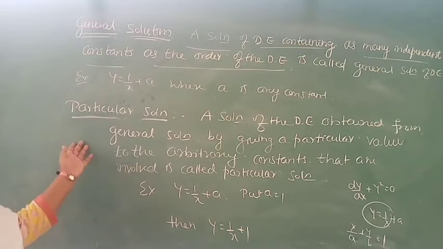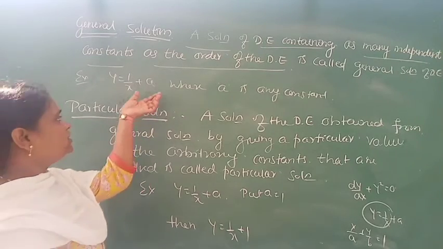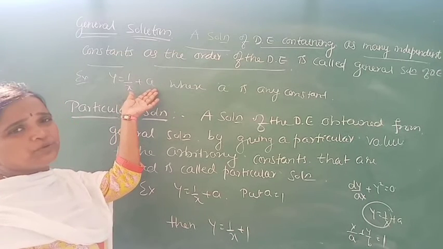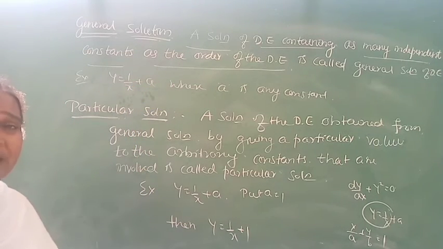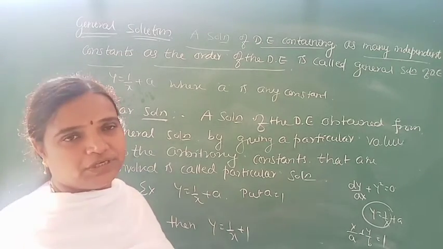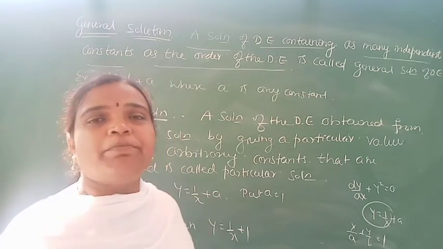Okay, next is the particular solution. For the particular solution, in the constant that is mentioned, we have to substitute some values. Instead of a, b, c, d, we substitute a value, and that one we call the particular solution.